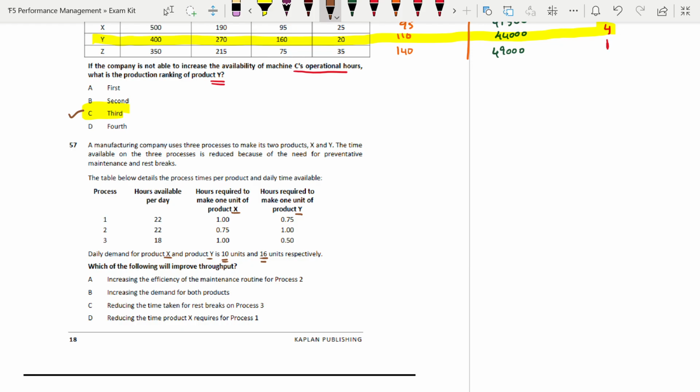Which is the bottleneck? Which of the following will improve throughput? Is it right? Which of the following will improve the throughput?